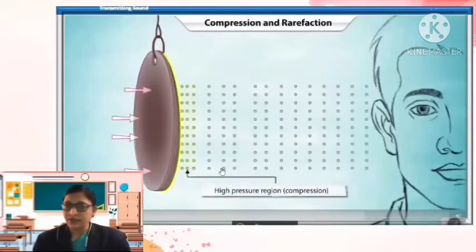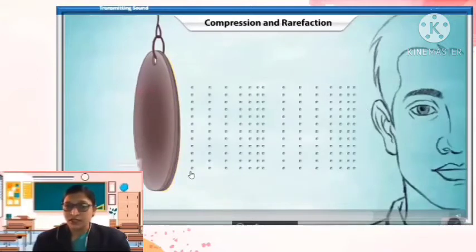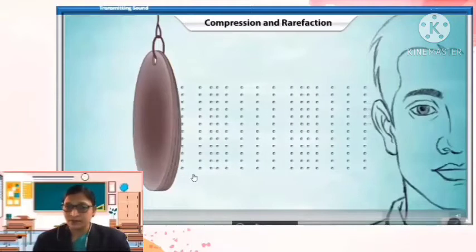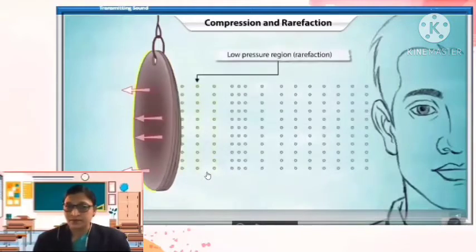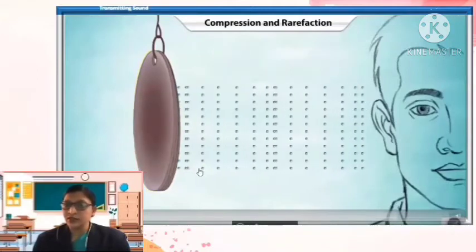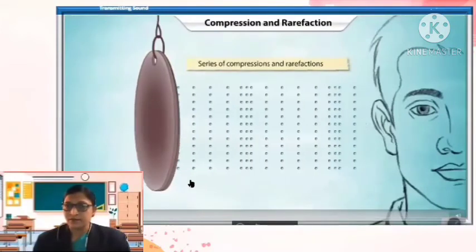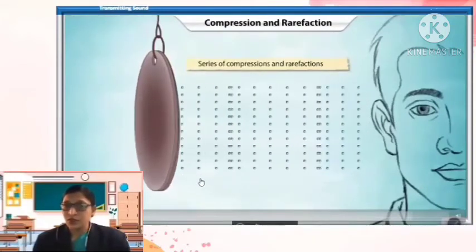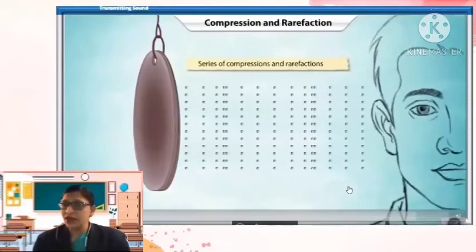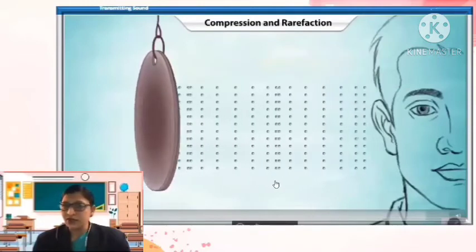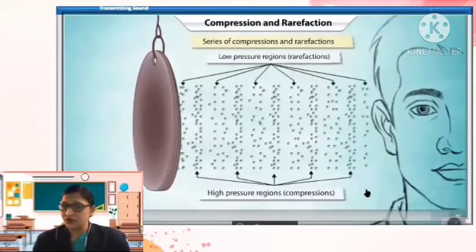When this happens, the surrounding air gets depressed, causing a high pressure area called compression. The compressed air spreads down and a low pressure region is created, called rarefaction. This causes a series of compression and rarefaction, and these alternate compressions and rarefactions cause the propagation of sound.